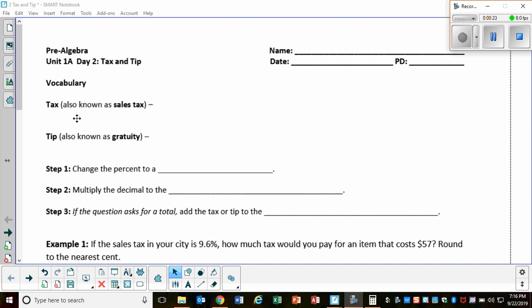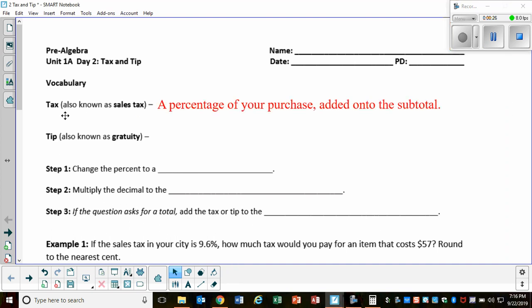Okay, so tax, also known as sales tax, is the percentage of your purchase that is added to the total. The tax can be based on what item you're buying, so like there's different taxes for food, for clothing, for electronics, stuff like that. And it could be based on your local government, your state government, the federal government regulates all those things.